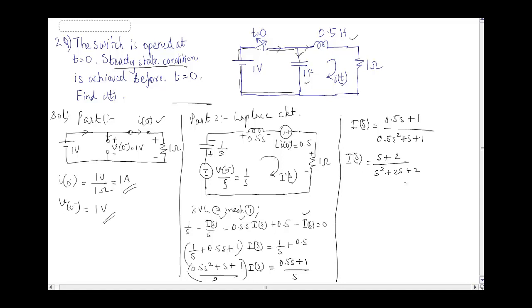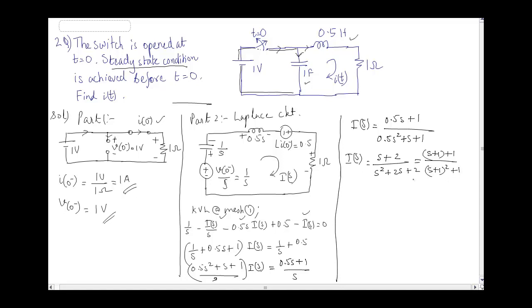So this is the equation that I get, which, if you remember, I have to do the partial fraction here. Actually partial fraction won't work. I will straight away write what it is going to look like. I can write this one as s plus 1 divided by s plus 1 square plus 1.